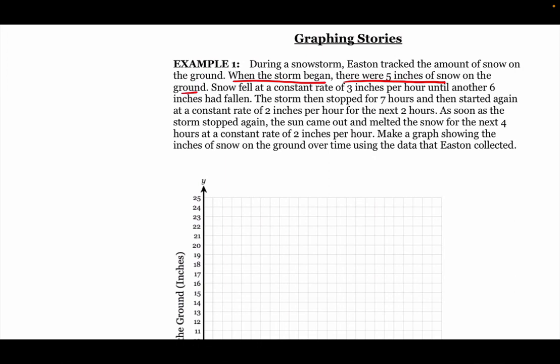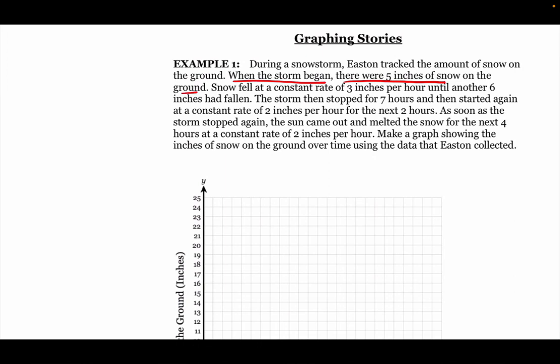What does that mean if something happens at 3 inches per hour? Snow is falling at 3 inches per hour. What does that mean? Every hour, 3 inches is added. Exactly, perfect. Every hour, snow goes up 3 inches, right? So snow is increasing, so it's going up, right? So every hour, snow is going up 3 inches.